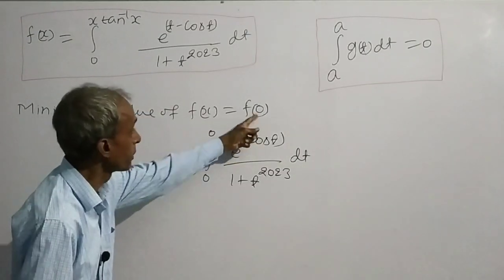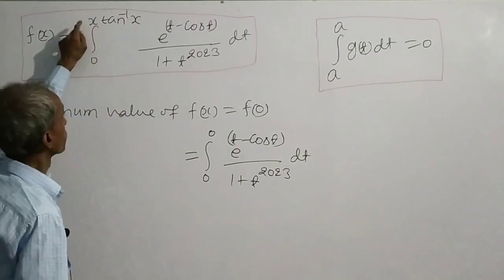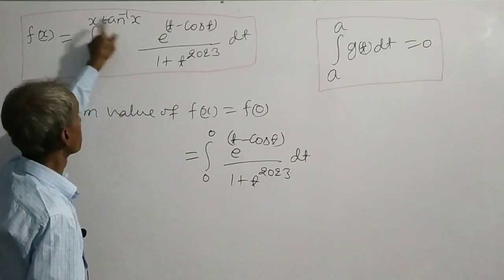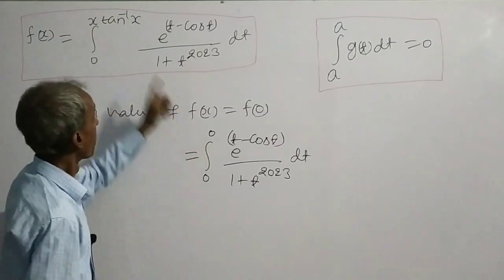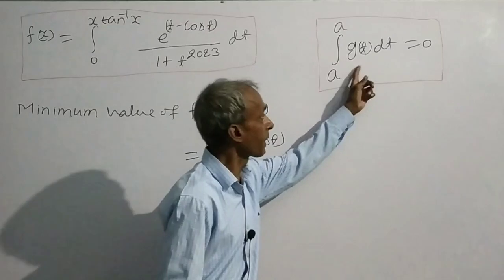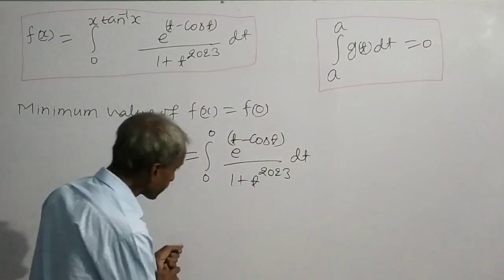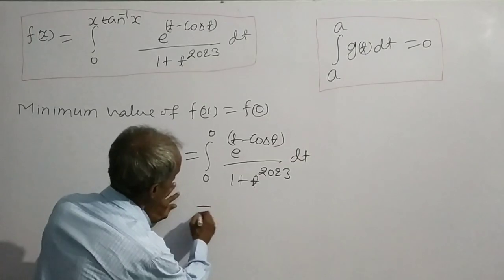We put 0 in place of x. Then here also we put 0 in place of x, and we get this. By applying this formula, the value of this will be equal to 0.